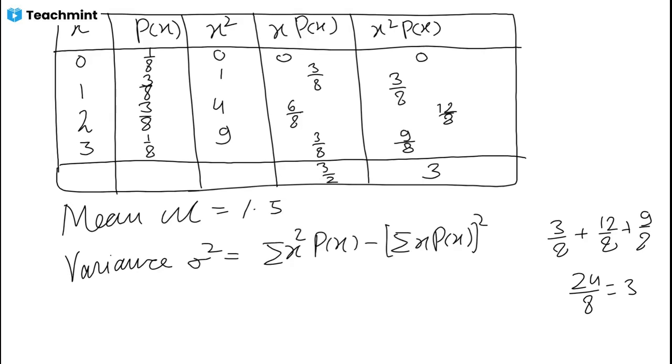Summation x square p(x) is 3, and summation x p(x) is 3 by 2. Now let us put the values: 3 minus 3 by 2 whole square.